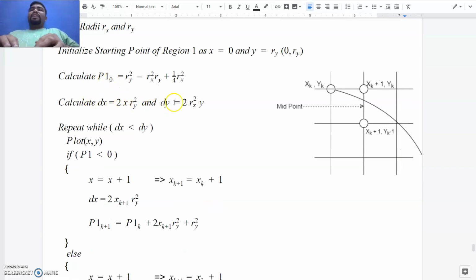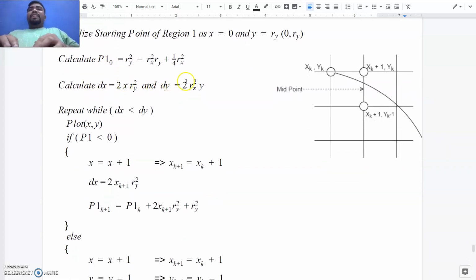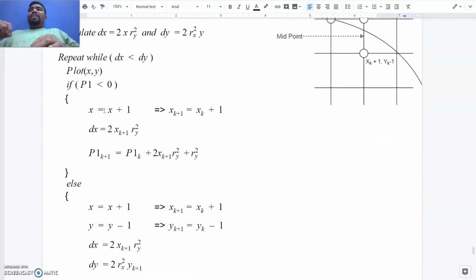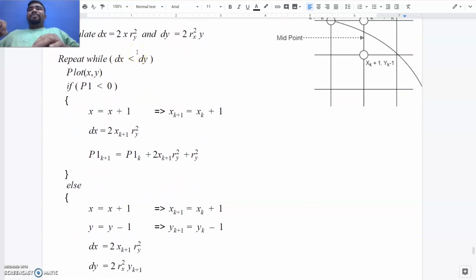Similarly, we have dx and dy that we will be calculating throughout, and we know from the derivation that dx should always be less than dy in region 1. If it goes above dy, it means that we have crossed into region 2. So we will repeat this algorithm till dx is less than dy.